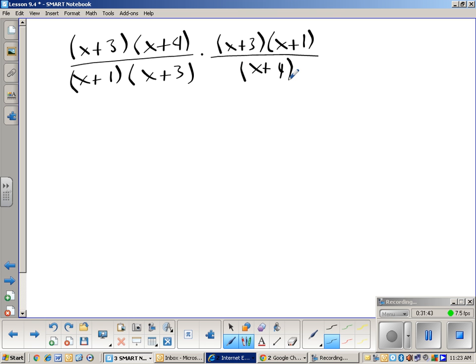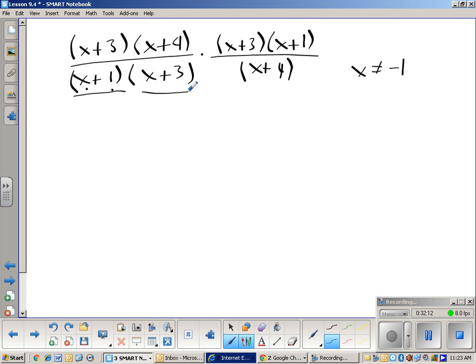Might help you understand what's got to cancel. Okay? And we're multiplying. So that's number 1. The numbered problems are problems. The letters are solutions. Okay? So we're going to first state all our restrictions. X cannot equal what? Negative 1, negative 3.